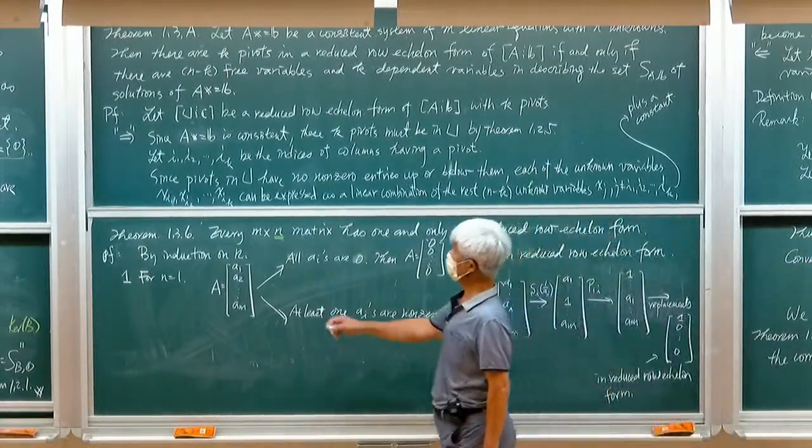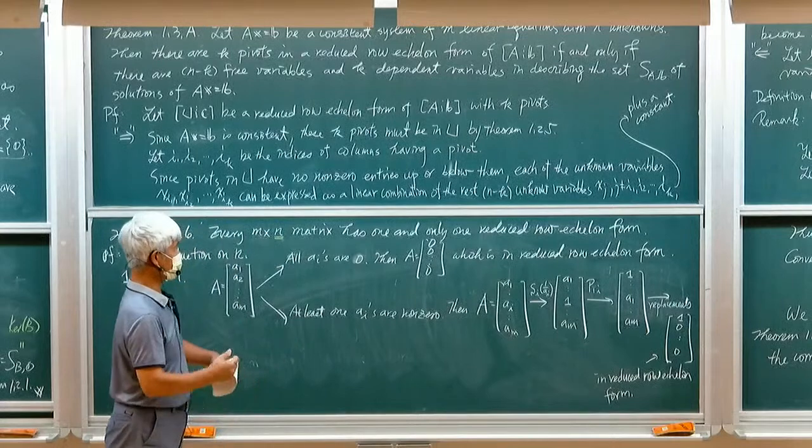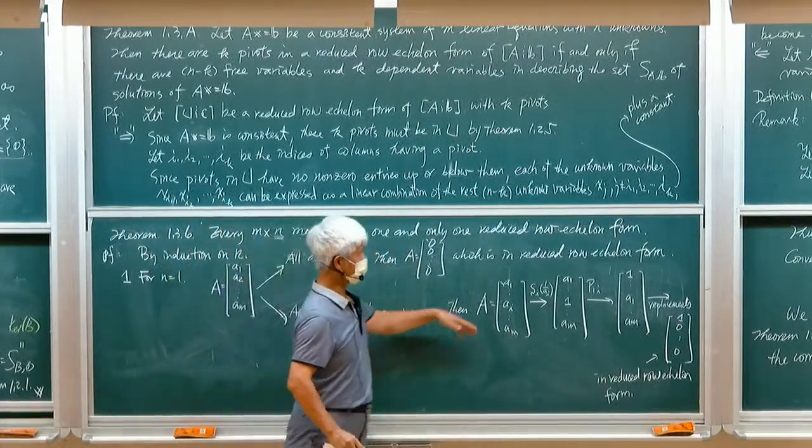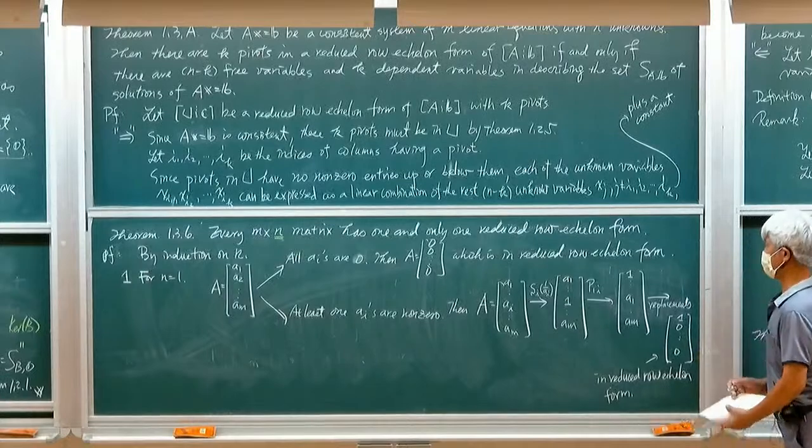So any m by 1 matrix either goes to all zeros or goes to 1, 0, 0, 0.